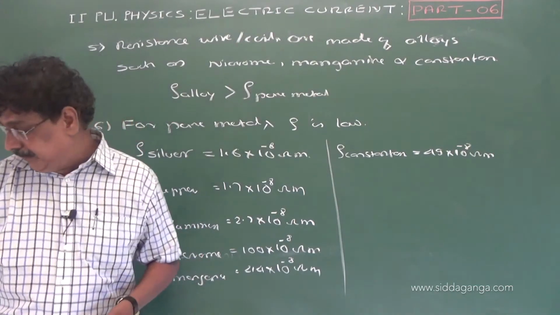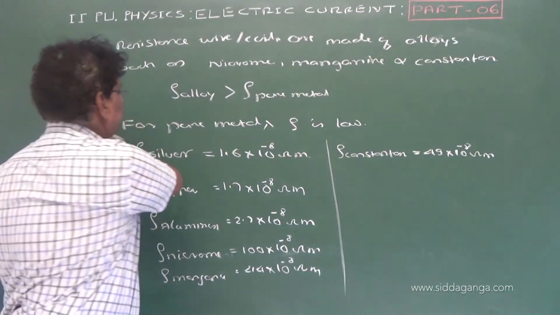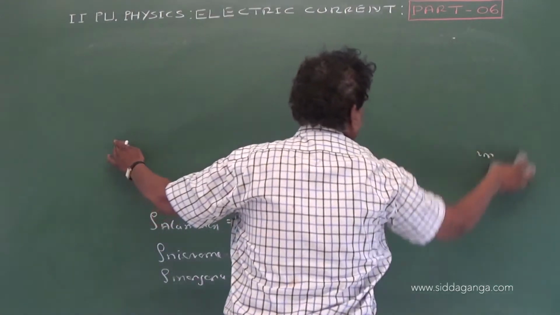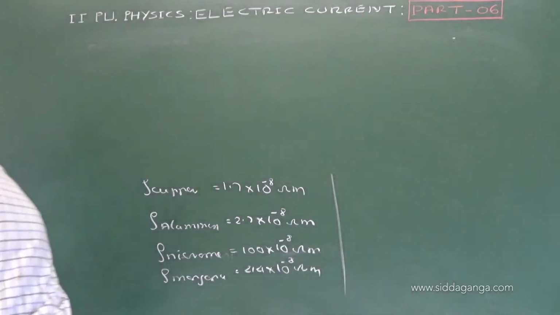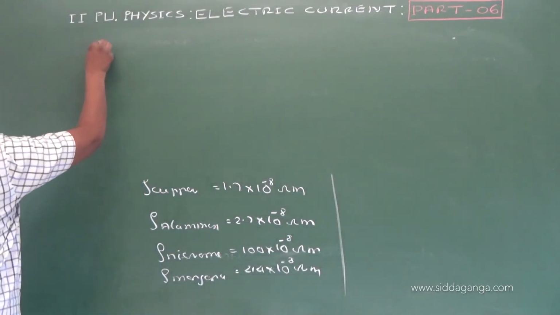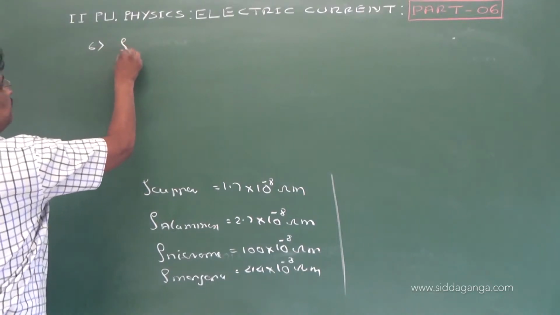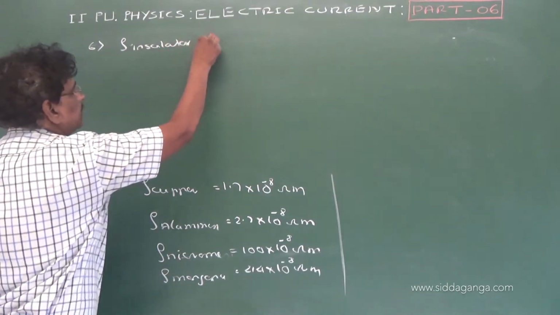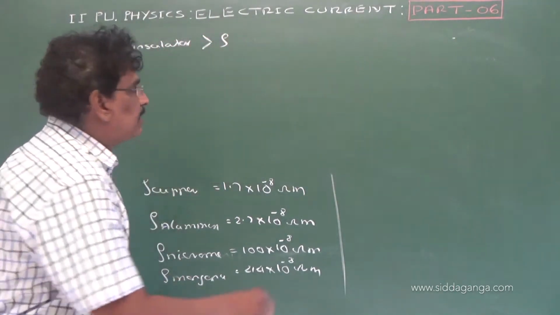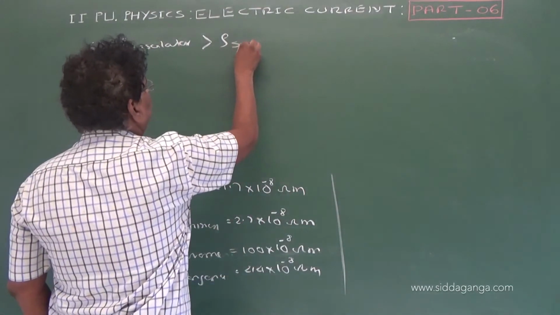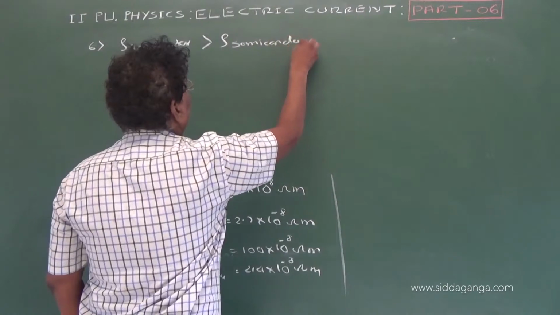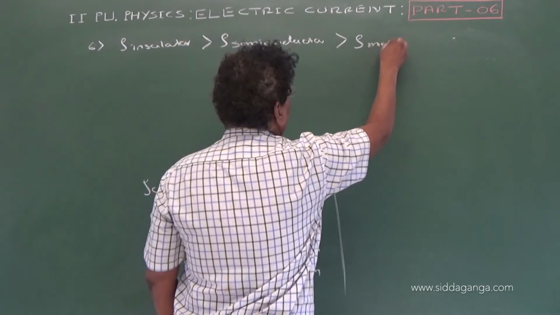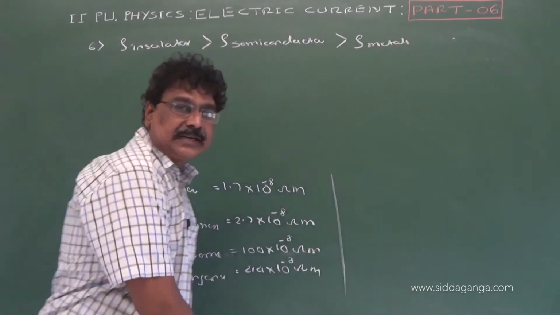In general, when we compare conductors, semiconductors and insulators, the resistivity of an insulator is greater than the resistivity of a semiconductor, which is greater than the resistivity of metallic conductors.